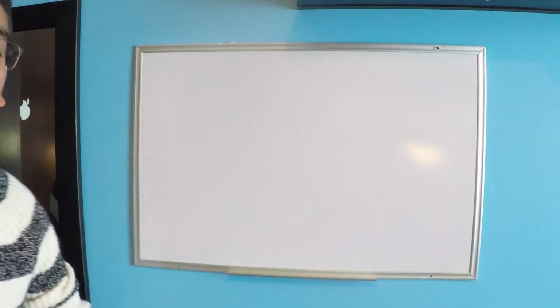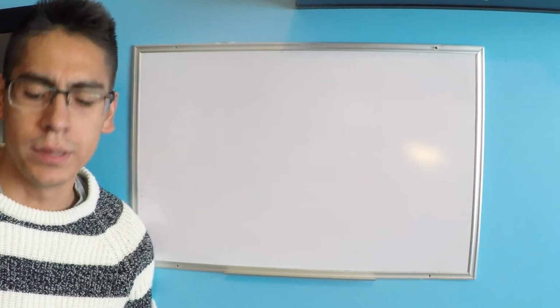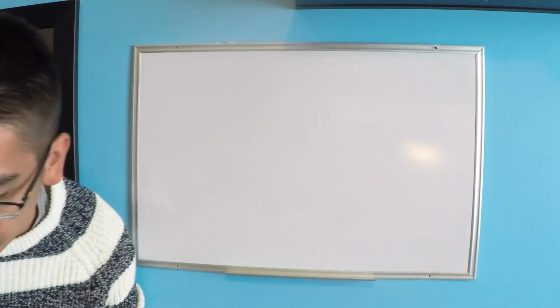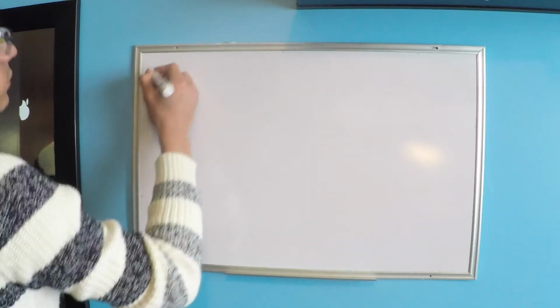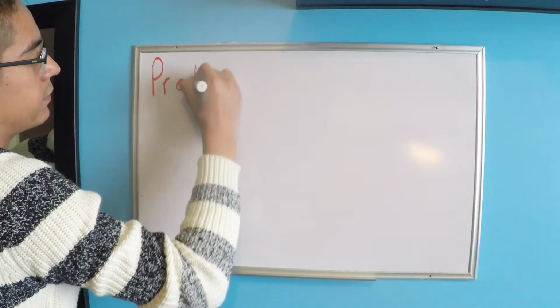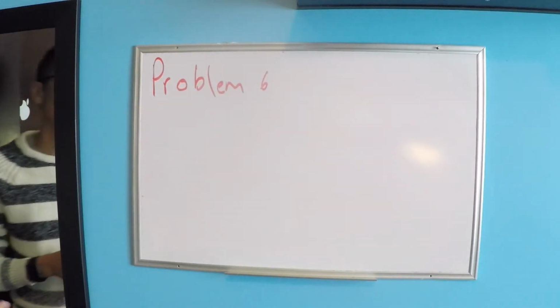Okay, well, our next part of the video will be about solving problem number 6 of our unit of capacitance. Okay, so we will continue with problem 6. First of all, we have our diagram.